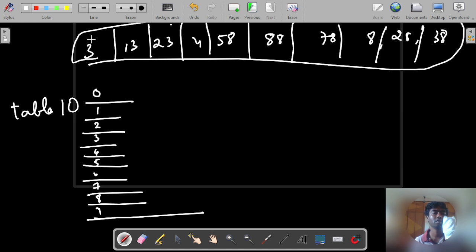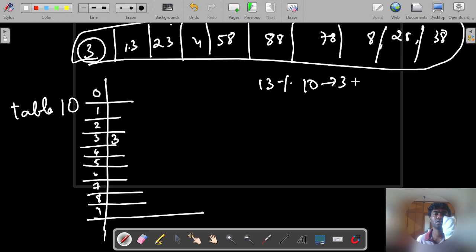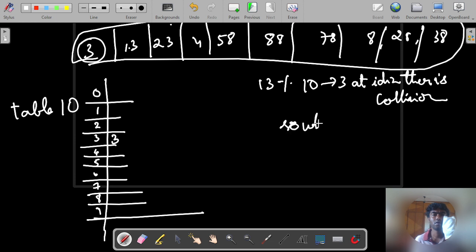Here we know that 3 can be stored in index 3, while 13 is already having a collision with 3, since 13 modulus 10 will give us 3 at index 3. There is already a collision. So we check for the next open index.